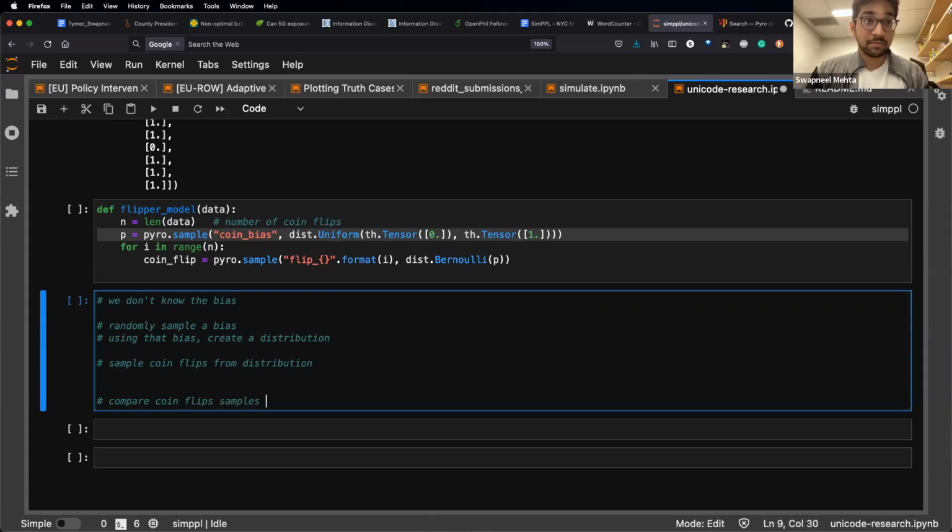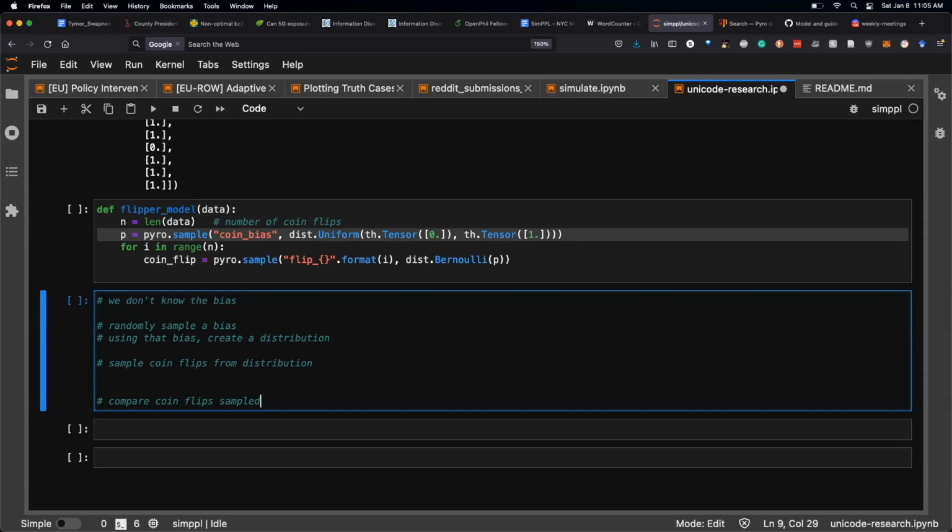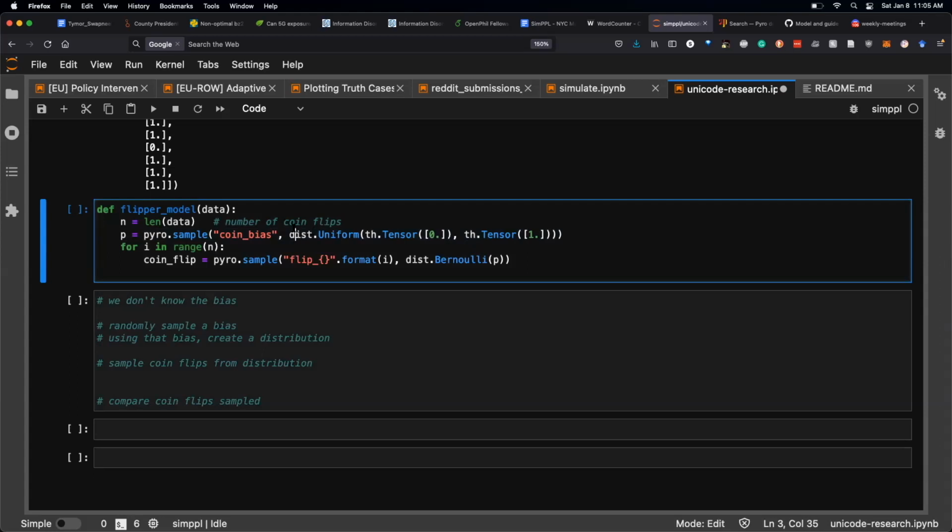Swapneel, yeah. I had a doubt. So basically, when we started, we said we start with, let's say, equal probability, sort of 0.5, right? But as we are sampling from this distribution, the values are within a uniform distribution of 0 and 1, but they are not 0.5 exactly.